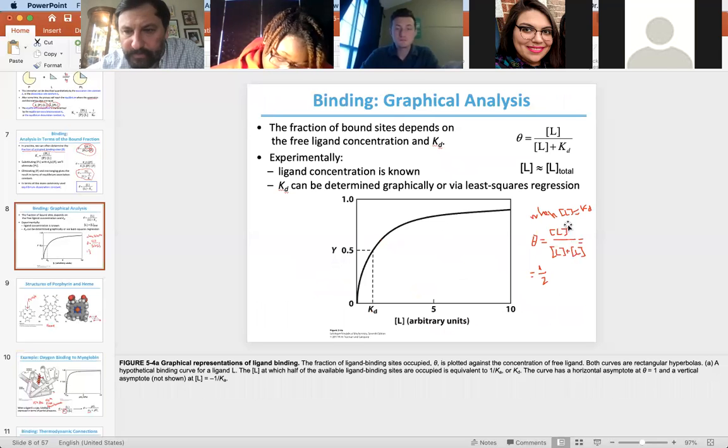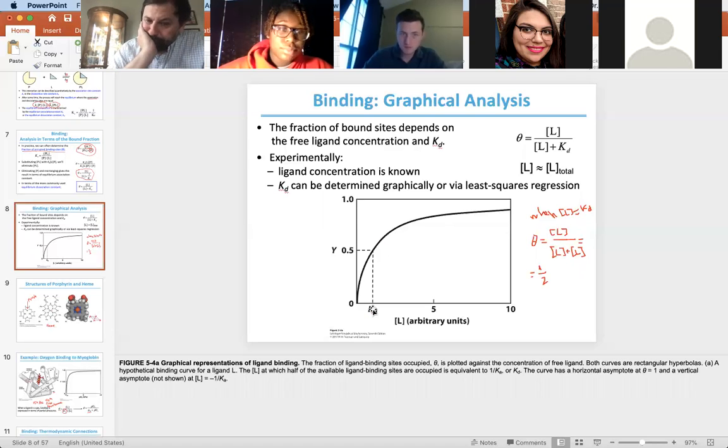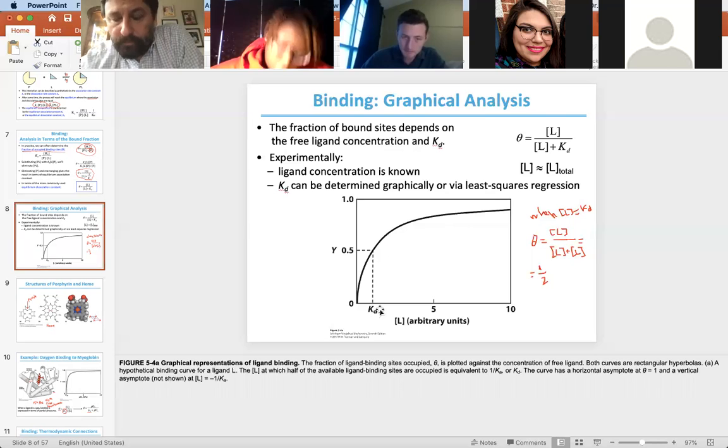It's right here. When ligand concentration equals KD, then theta is 1/2. And you can get the KD from the graph, right? So 0.5, extrapolate, and you can get the KD. Theta equals 1/2. So KD is the ligand concentration at which half of the binding sites have been occupied.